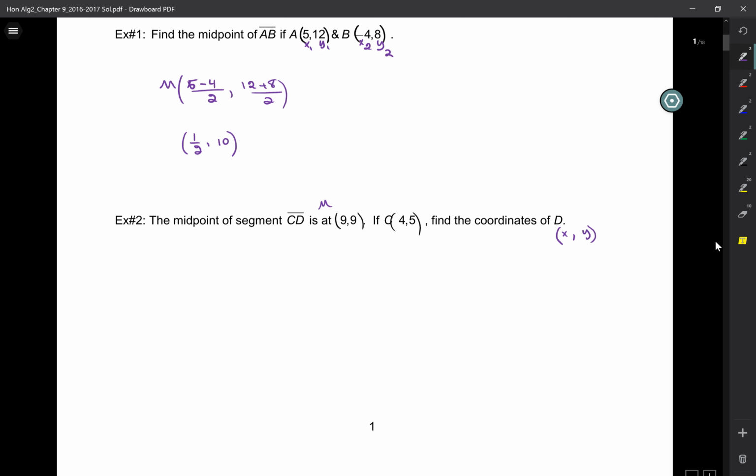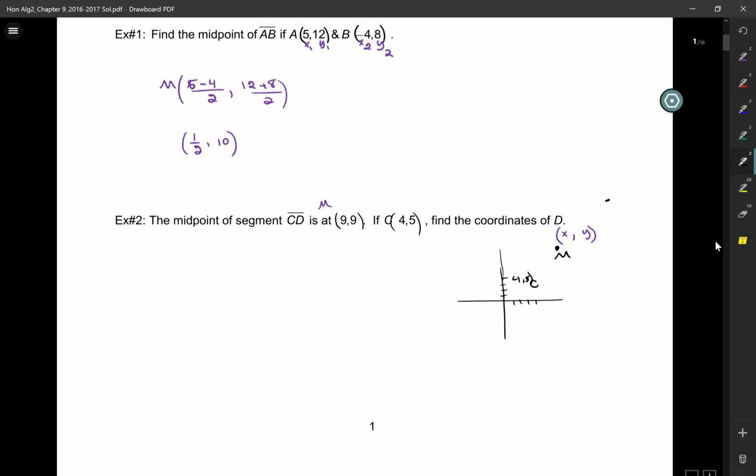So basically, C is at 4 and 5, and this is the midpoint at 9 and 9. So I need the coordinates of D, which is somewhere over there.